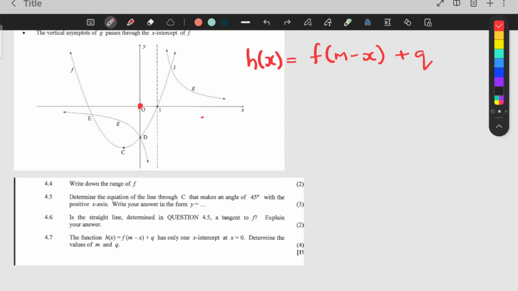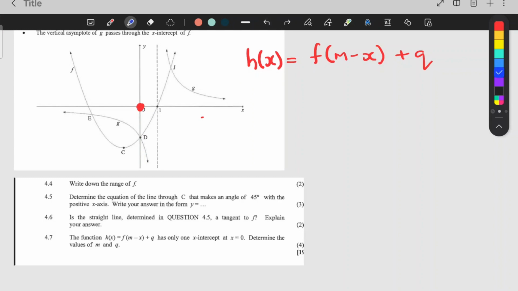Determine the values of m and q. So they want to know what this m is and what this q is. So h of x is a transformation of f. f is the parabola. So this parabola has been transformed. So let's figure out what happened to f.